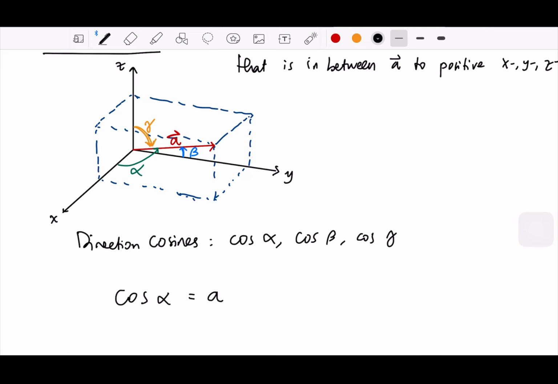Let me just dot this A with the standard vector of x, which is i. So we can write this as A dot i, the standard vector (1, 0, 0).